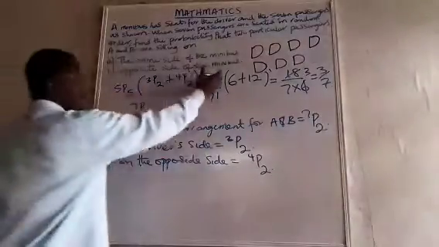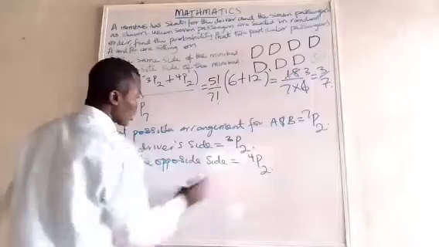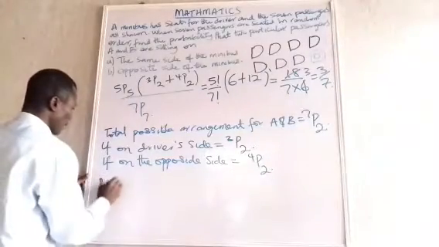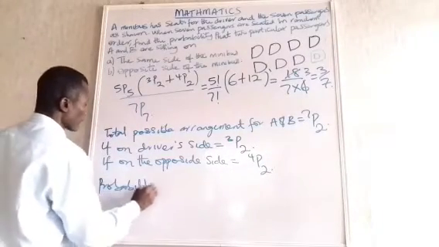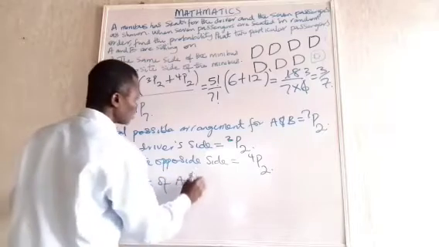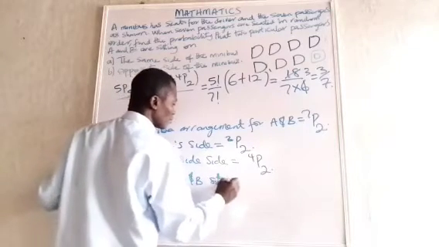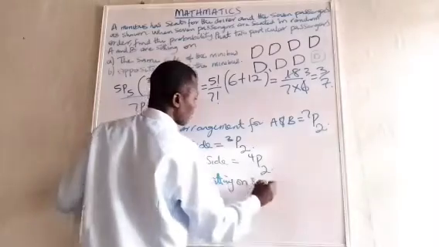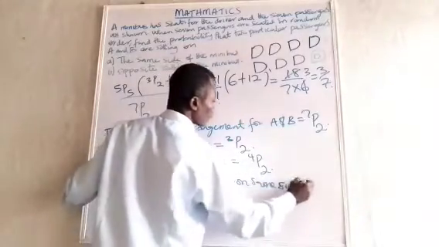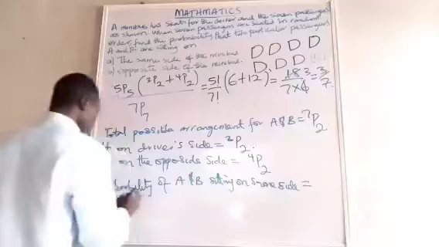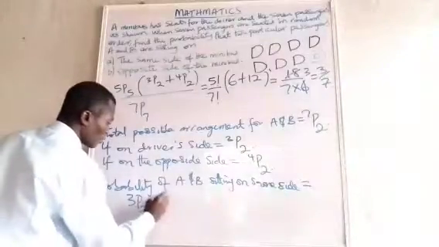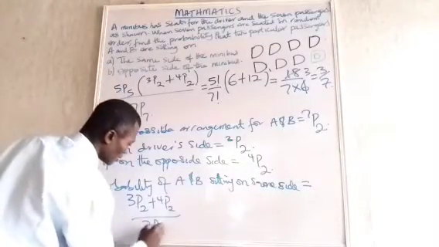So, at the end of the day, this one does not really exist. So we are going to have the probability of A and B sitting on the same side will be equal to 3P2 plus 4P2 over 7P2.